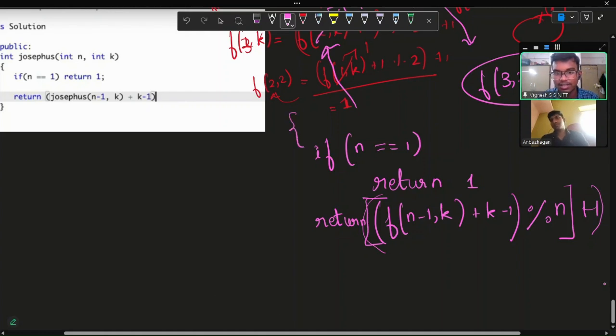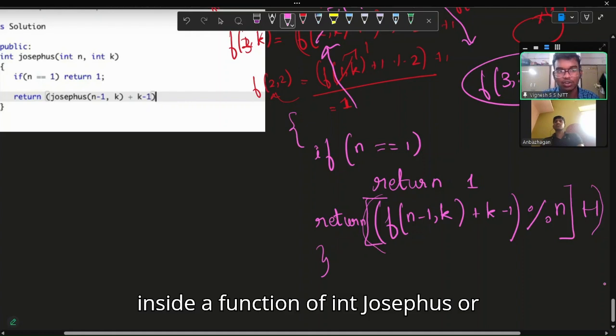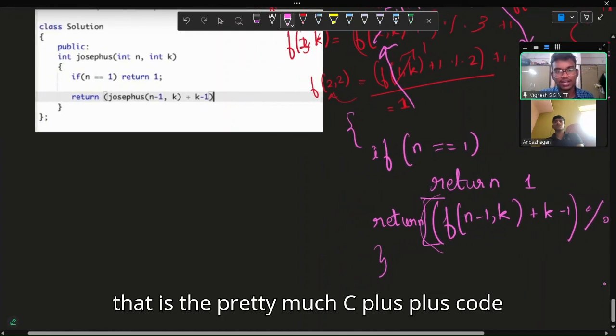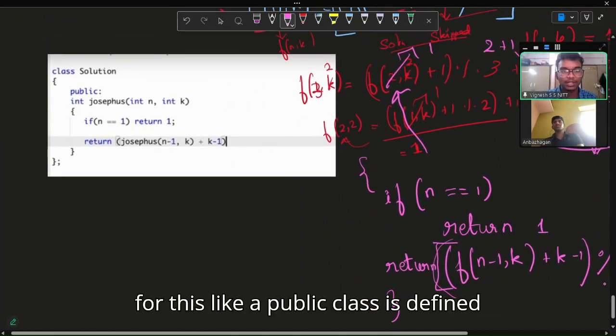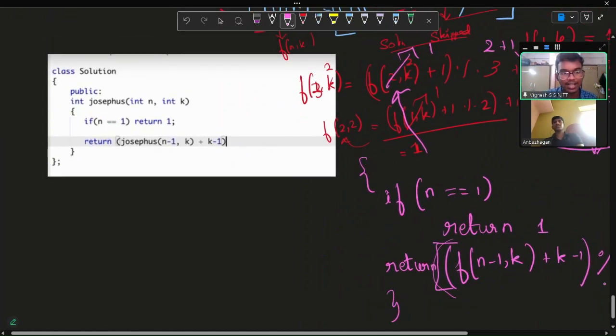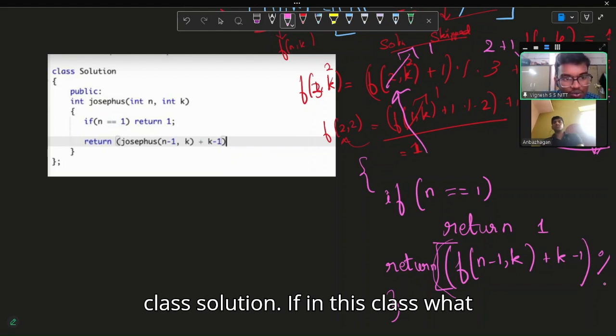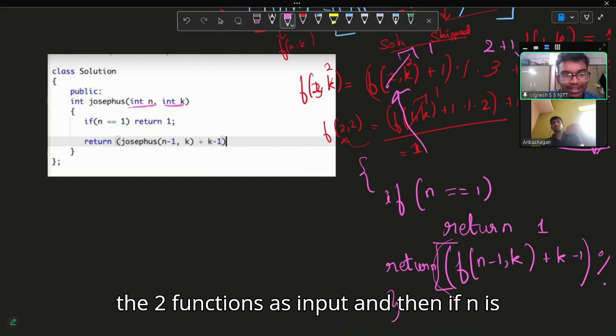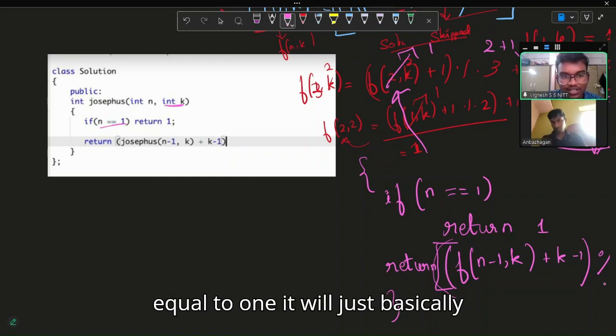Everything is inside a function, inside a function of int Josephus or whatever you call it. That is pretty much the C++ code for this, like a public class defined, class Solution. In this class, the function gets n and k as input, and if n is equal to 1, it will just return 1.